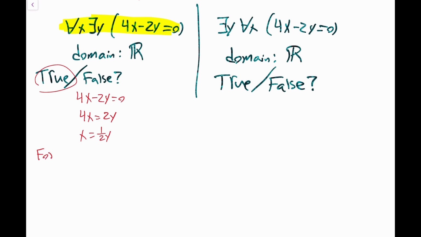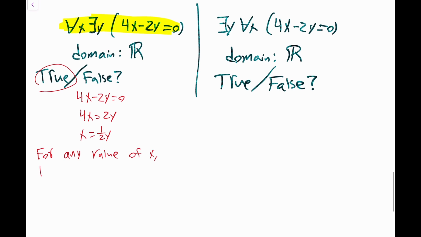But for any value of x, there is a value of y that makes our function true. So you always will find some y value to make that true. Or maybe I should have solved for y in that case, but at any rate, it doesn't really matter.